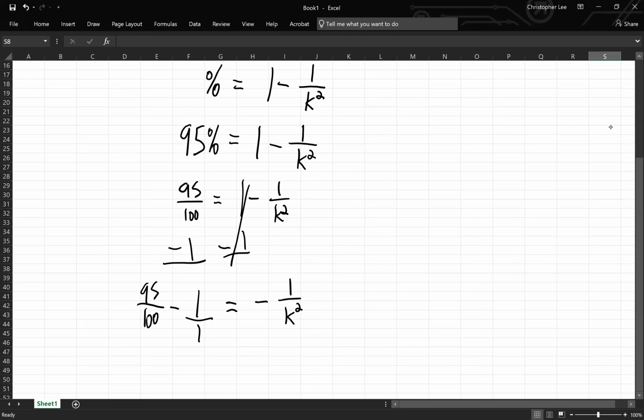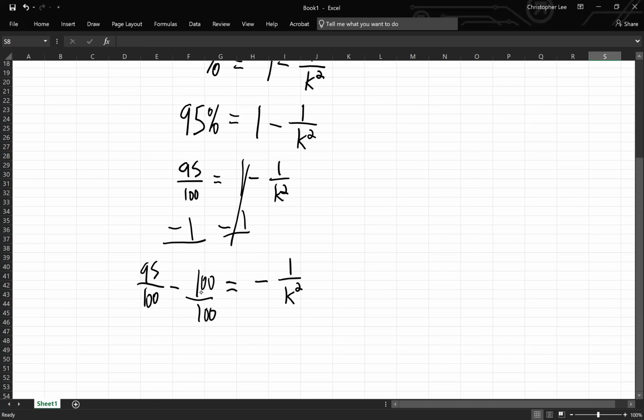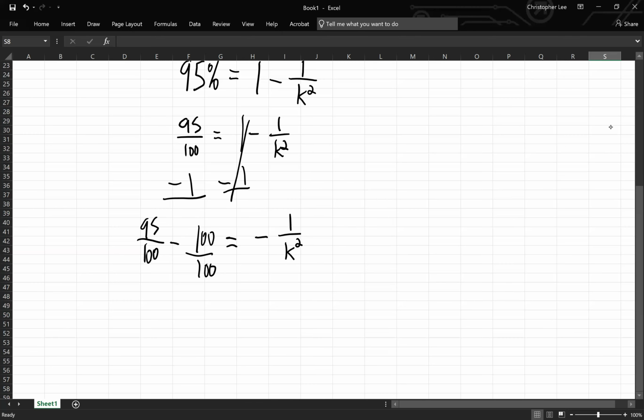To make the 1 into 100, I have to multiply it by 100. What I do to the bottom, do to the top. So 95 minus 100 we know is negative 5 over 100. And that's going to be equal to negative 1 over K squared.